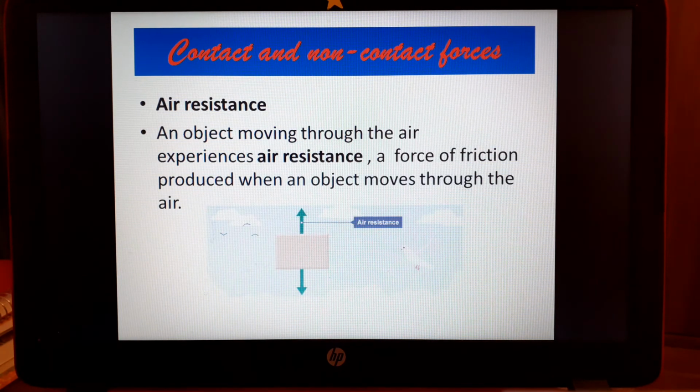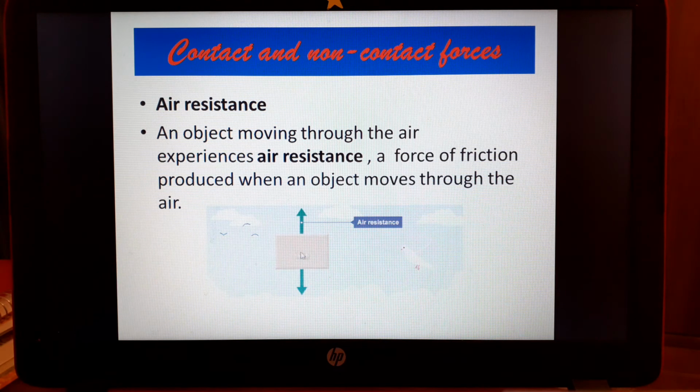Now, air resistance is another type of force. The forces we have been talking about happen between objects that are touching each other, so they are called contact forces. Air resistance is when an object hits air particles.